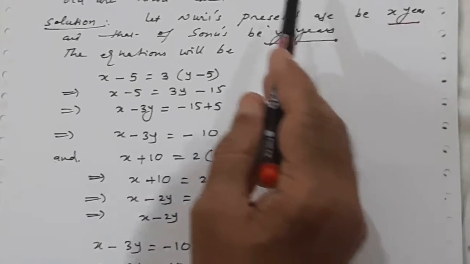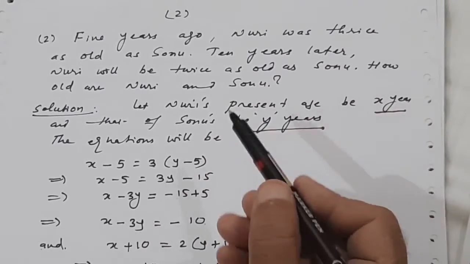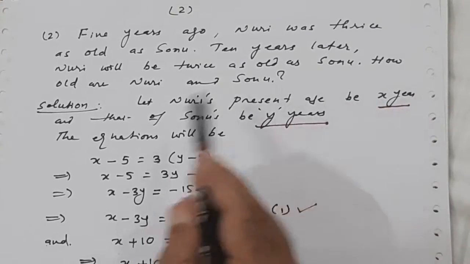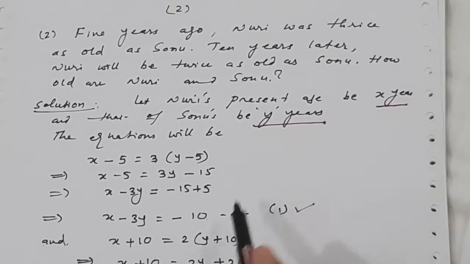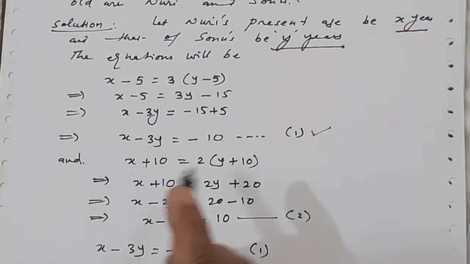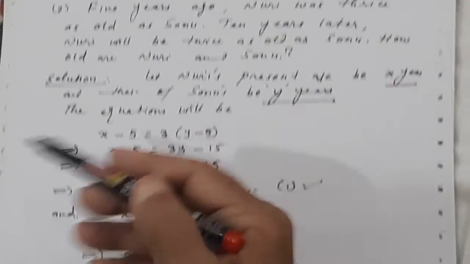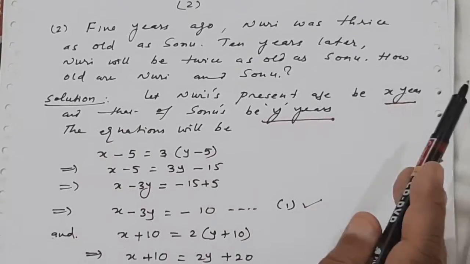Now read out the second condition. 10 years later, after 10 years, 10 years hence. So 10 years hence, Noori will be X plus 10 and Sonu will be Y plus 10. So we are taking their ages 10 years later. And what is the condition? Noori will be twice.